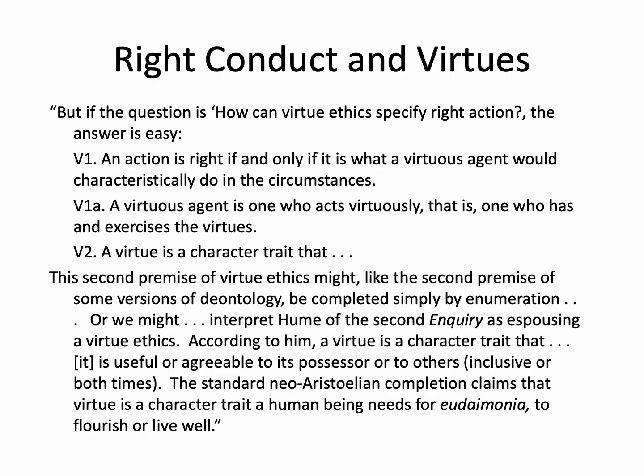And then the standard Neo-Aristotelian version, which is the one we're more familiar with since we covered Aristotle, is that a virtue is a character trait that human beings are required to have in order to achieve eudaimonia, or human flourishing, or living well, however you want to say that. Notice the excellence with regard to the human function, like we talked about last time from Aristotle.